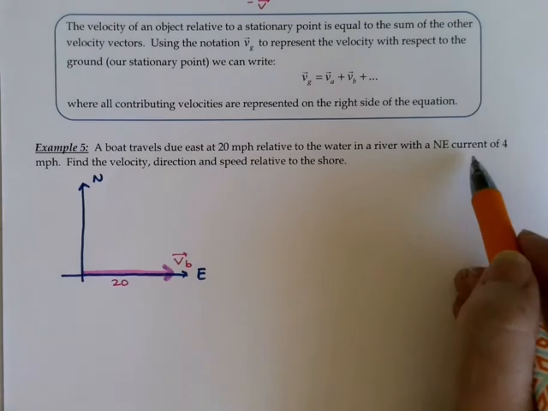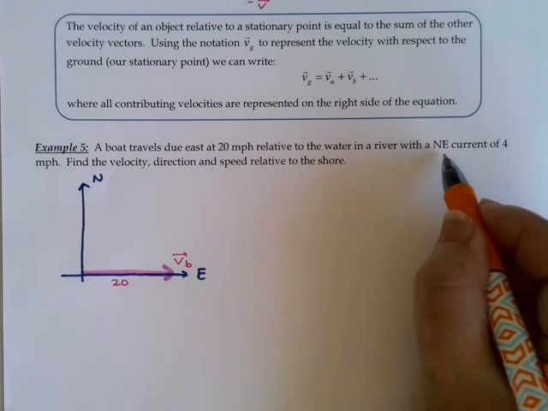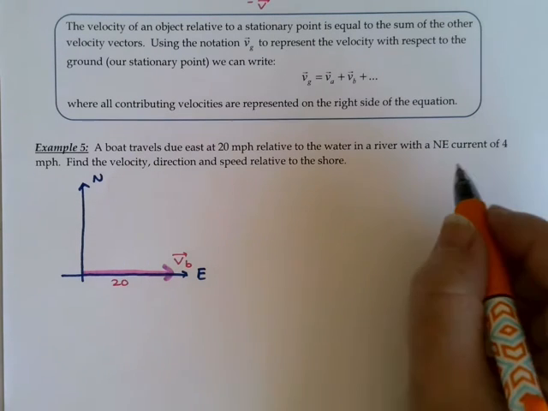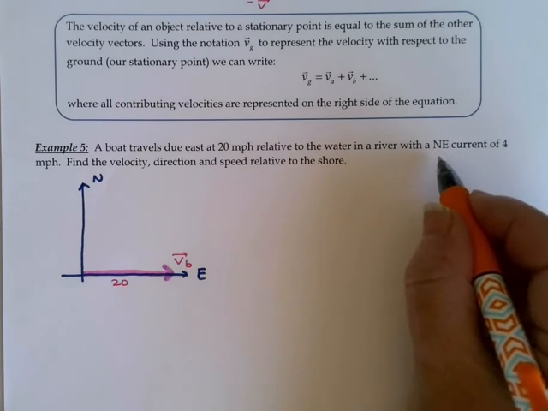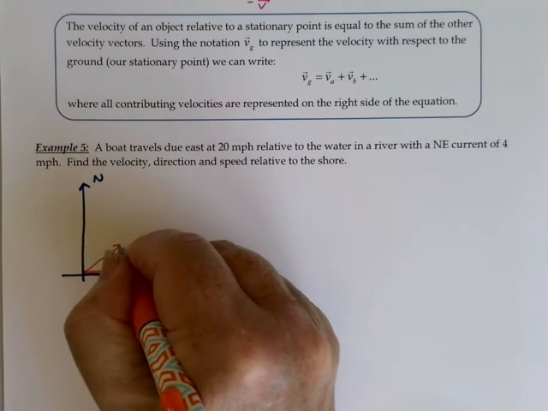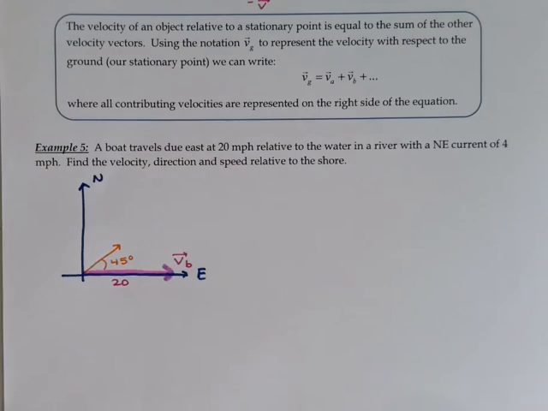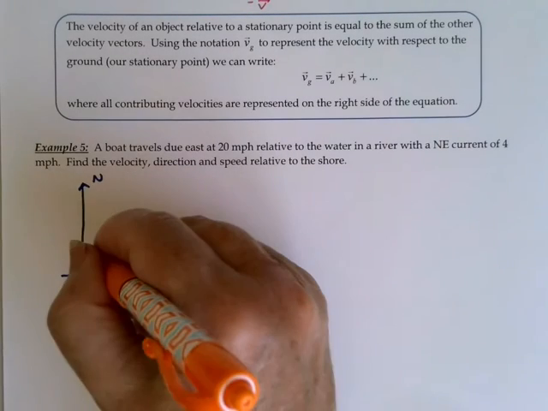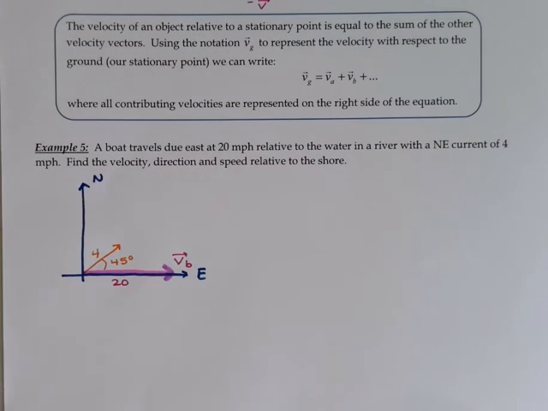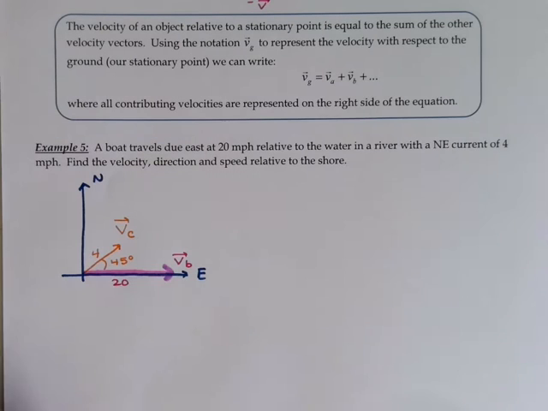We also have a current going northeast at 4 miles per hour. It just says northeast, no angles, so I'm going to assume that means perfectly northeast. That would be a 45-degree angle. It's got a magnitude of 4. And so that's going to be my velocity vector, and I'll say VC for the current.